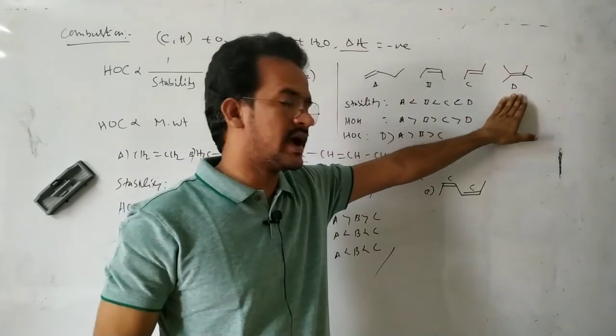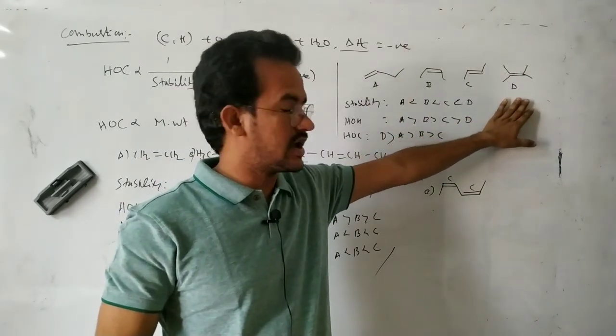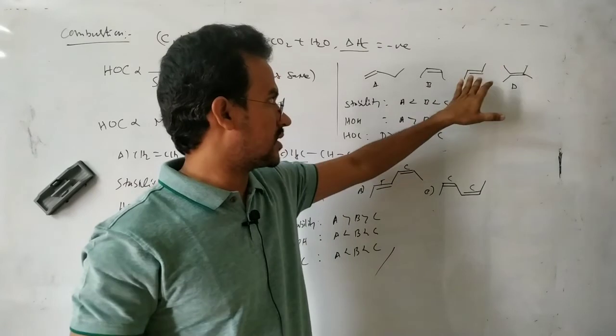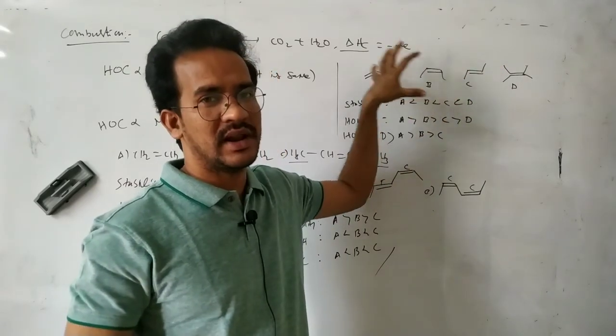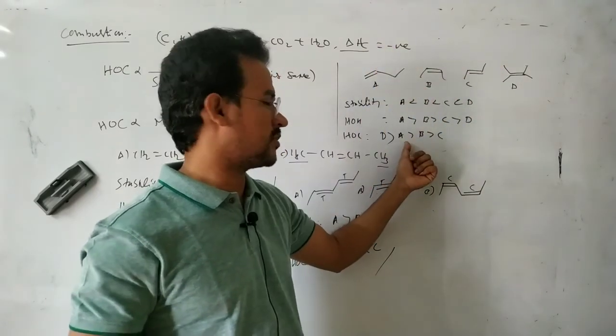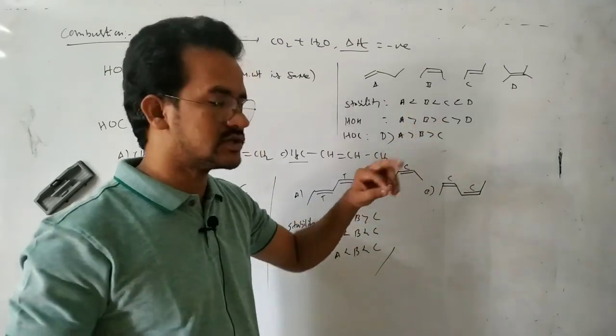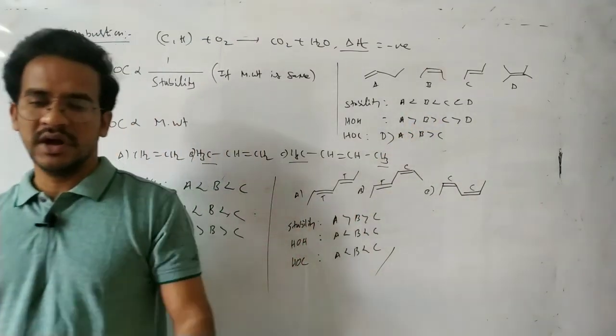Next, among the first 3, with the same molecular weight, the less stable compound has a higher heat of combustion. So that is the difference between heat of combustion and heat of hydrogenation.